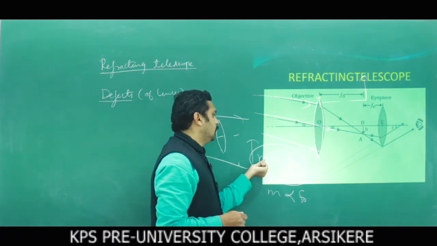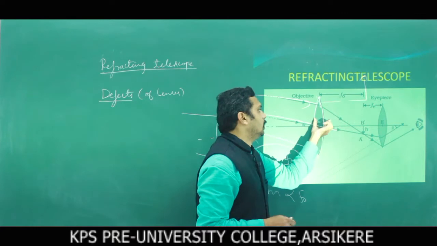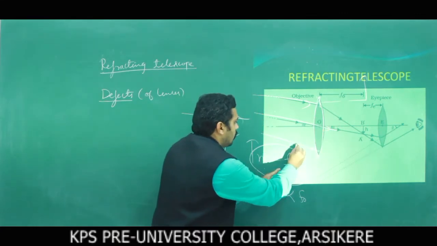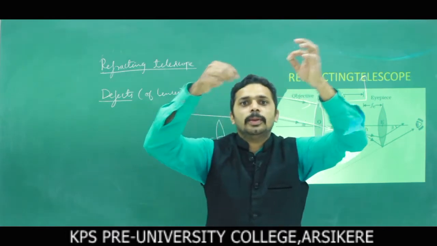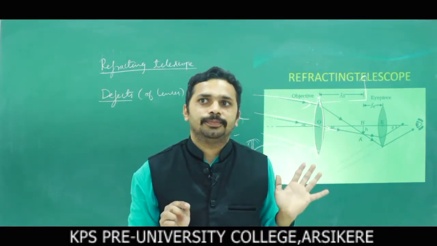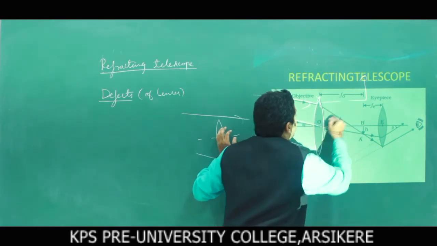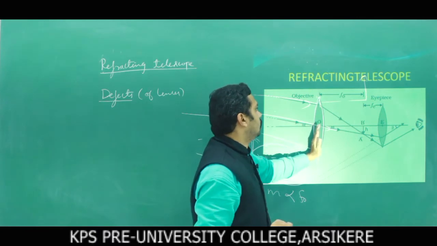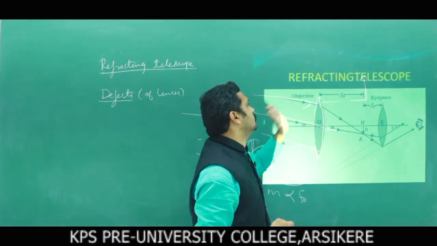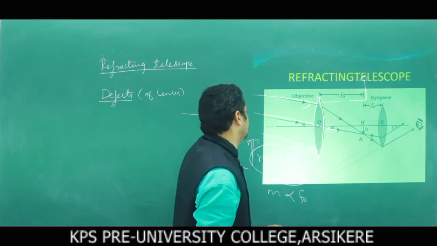That's why for an astronomical telescope you have to use a large focal length objective lens. If the focal length of the objective lens is more, magnification is more, and then only you are going to see magnified images of the object. If the focal length is more, the visual angle is also more. That's why you have to increase the focal length and use the large aperture objective lens.